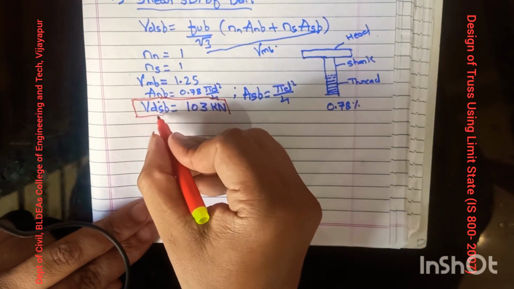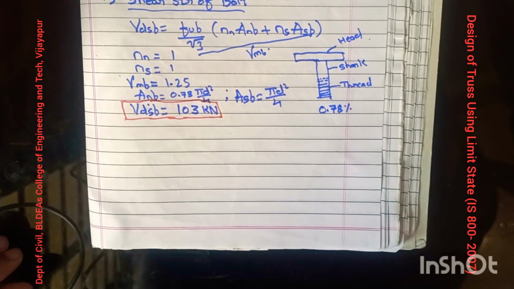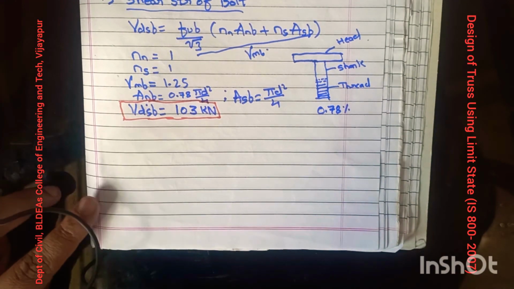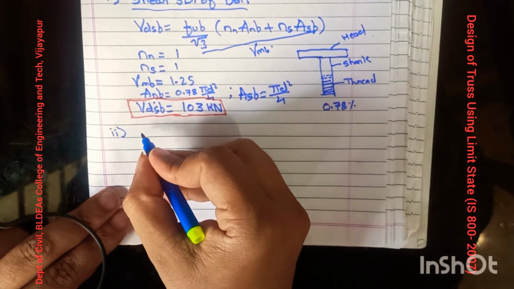That means when the load reaches this value, one bolt will fail in shear. Now let us find the bearing strength of the bolt.